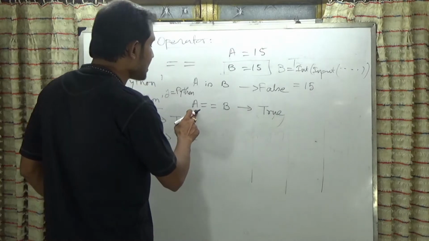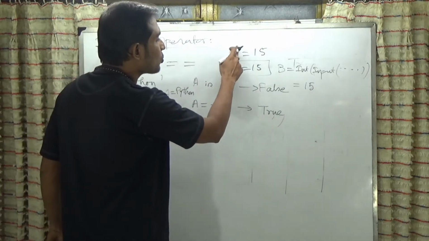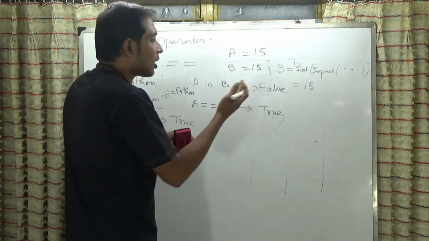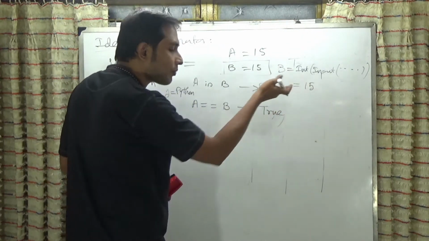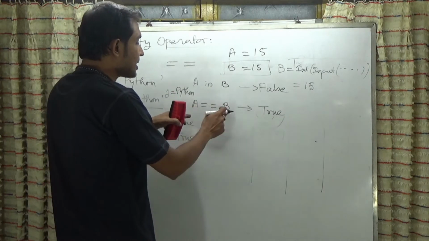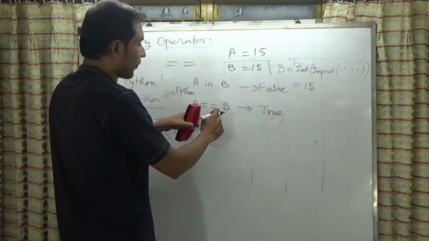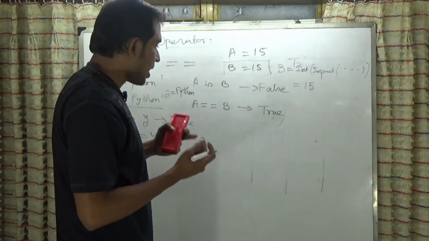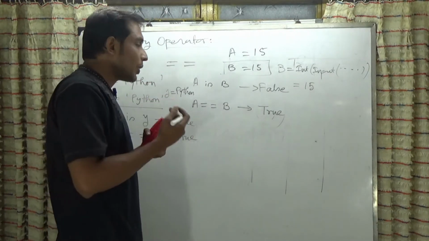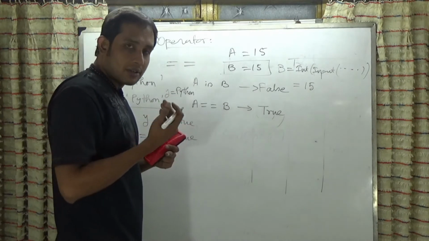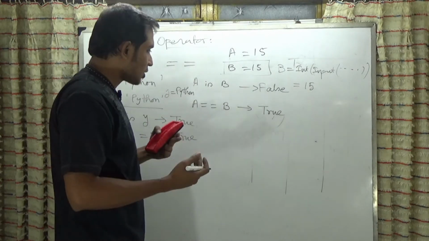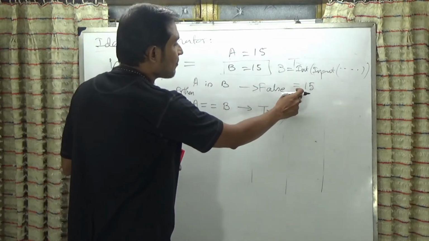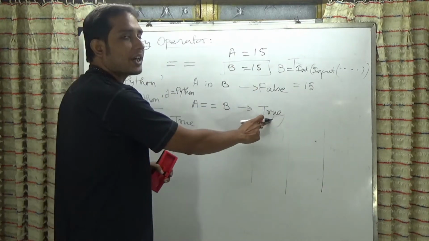But the relational equal to operator compares only the values, not the reference or memory address location. As a and b both hold the value 15, it still returns true.